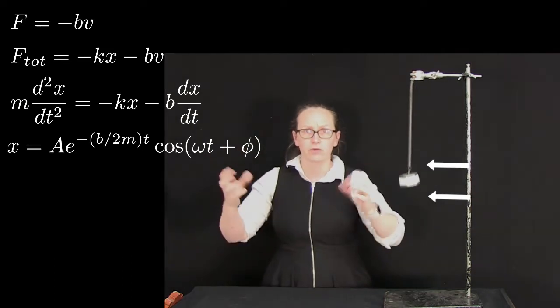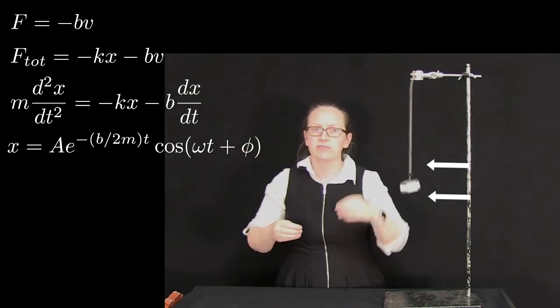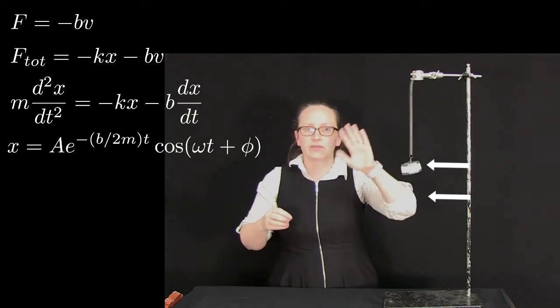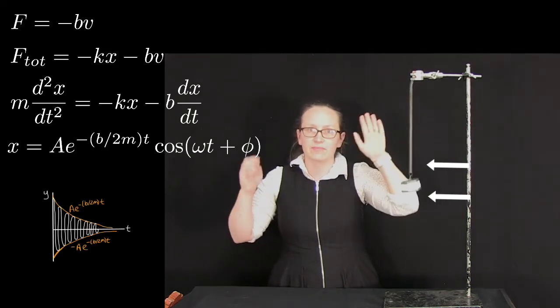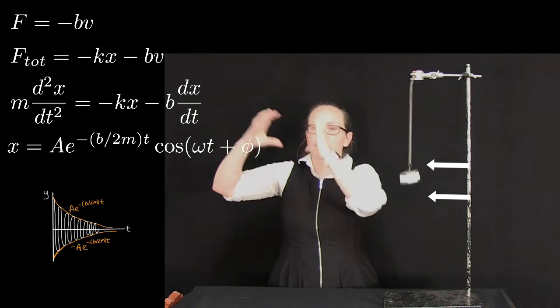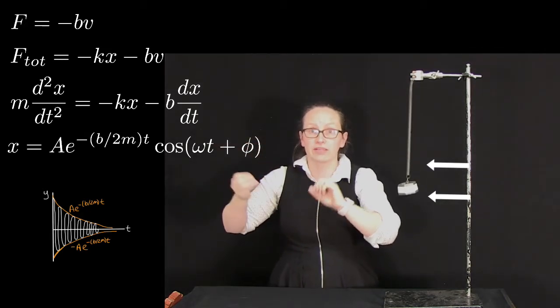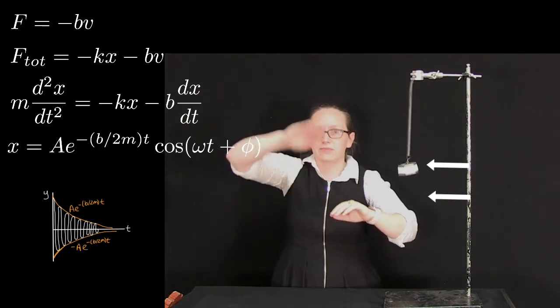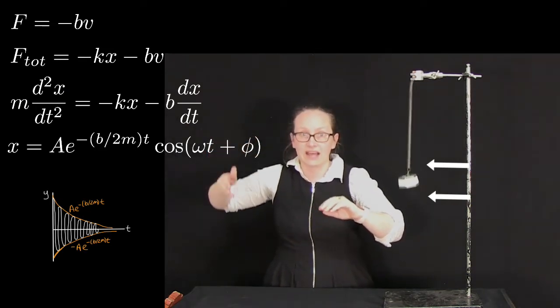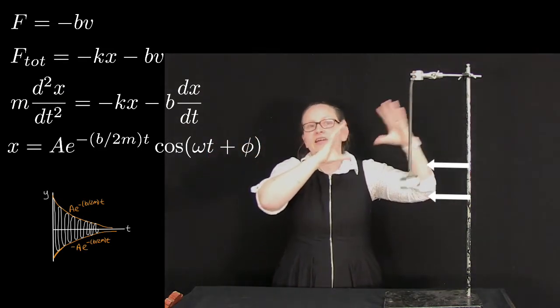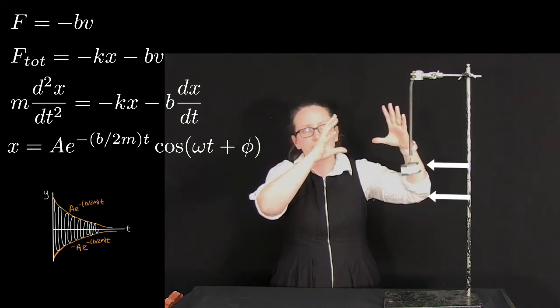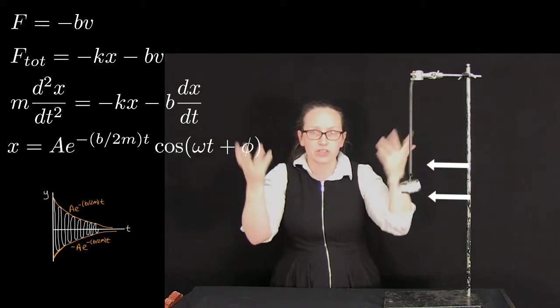Okay, but overall what this equation tells us is we've got A e to the minus b on 2m times t out the front of our cos term. Our cos term is just the normal simple harmonic motion term which describes how the mass goes up and down, up and down. And the A e to the minus b on 2m t is the amplitude term.